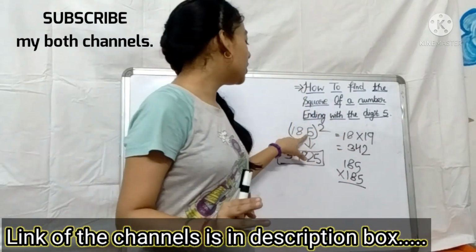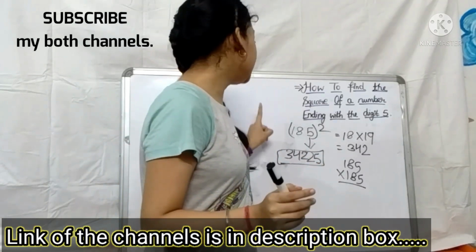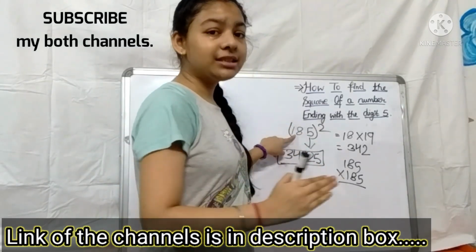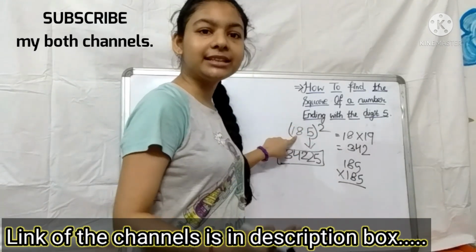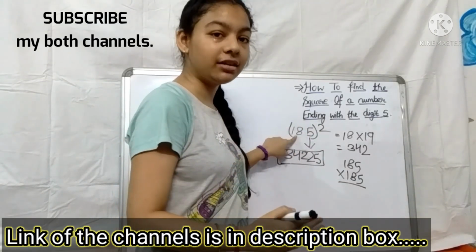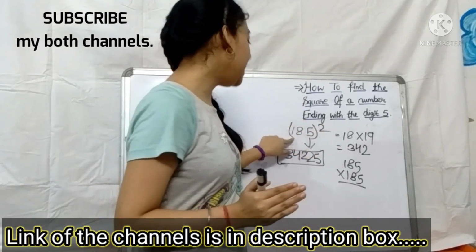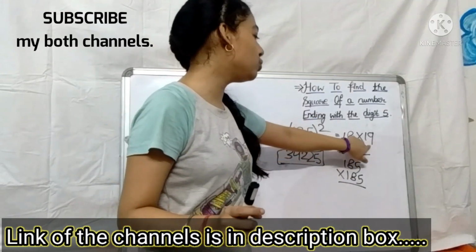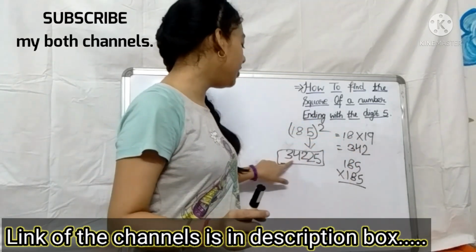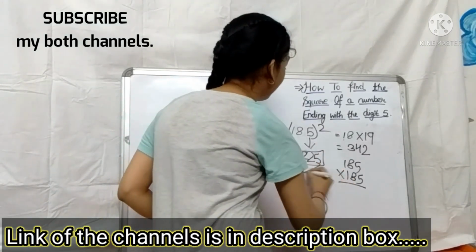First, we square 5, which is 25, we all know. Second step: just before the 5, whatever number is there, suppose it is 6, then we multiply 6 into 7. If it is 8, then after 8 comes 9, so we multiply 8 into 9. Here it was 18, and after 18 comes 19, so we multiply 18 into 19, which is 342, and we write it over here. And this is the square of 185 into 185.